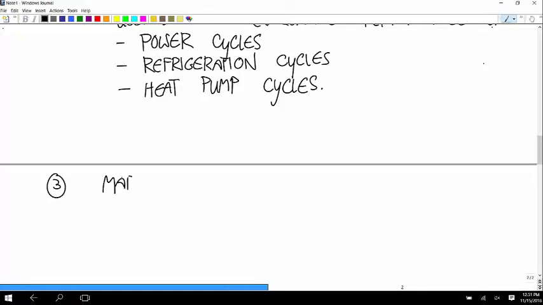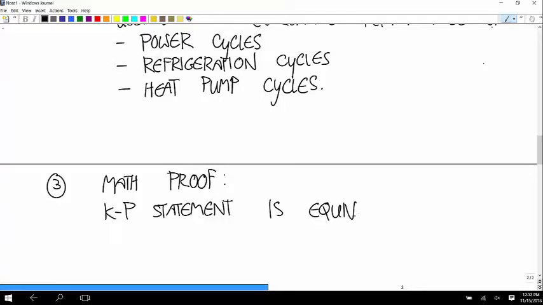So there's another math proof that we're going to skip, but again, these are all just mathematical equivalences that say the Kelvin-Planck statement is equivalent to what's called the Clausius inequality.